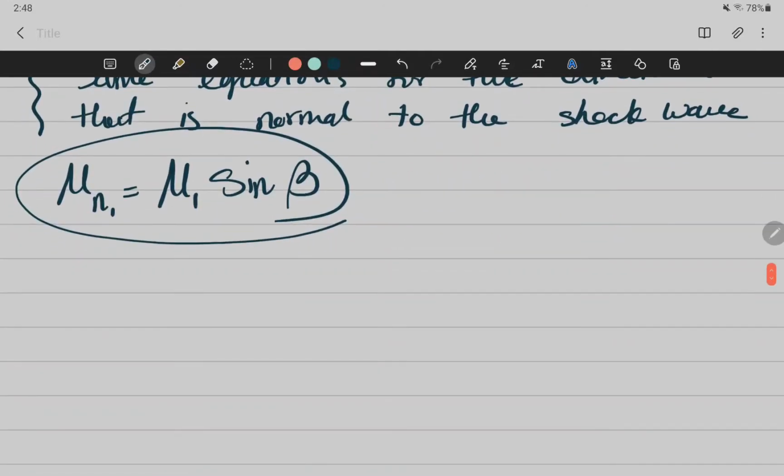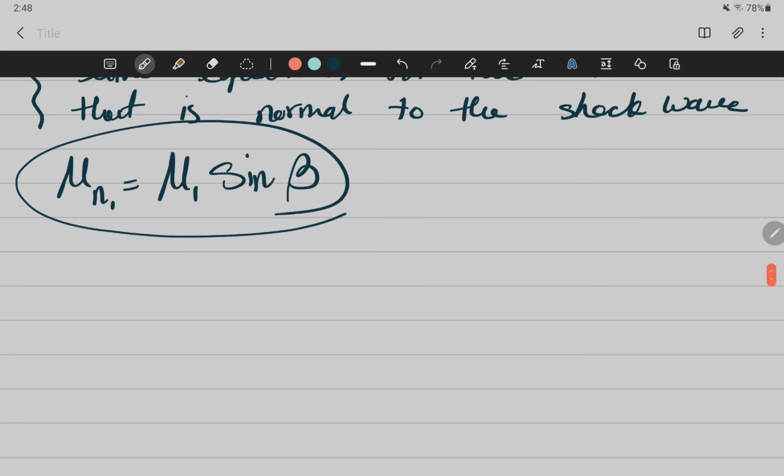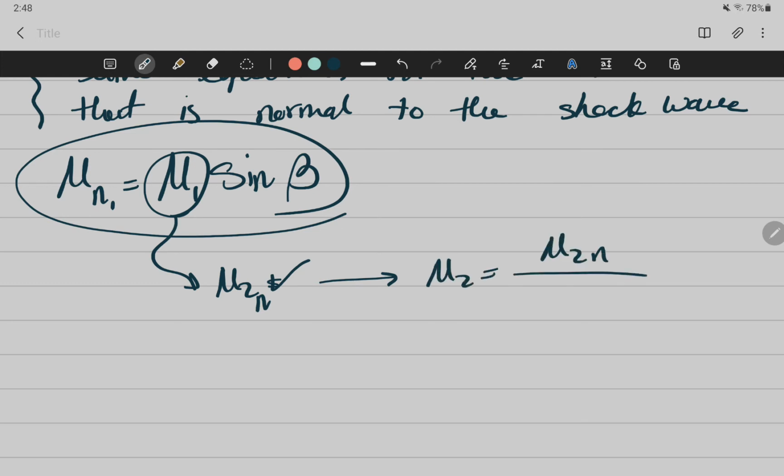Okay, and let's continue. So you find the M1n using the tables, and then you'll find the M2n using the tables. Then you find M2 by this equation, beta minus theta.